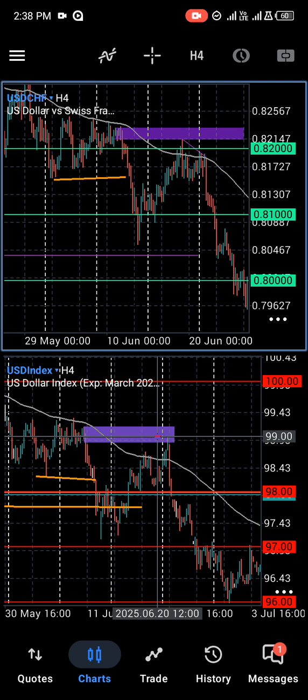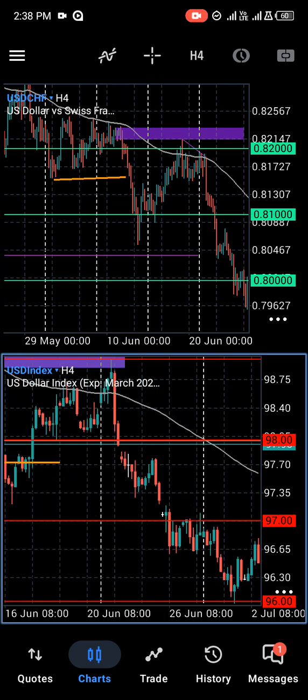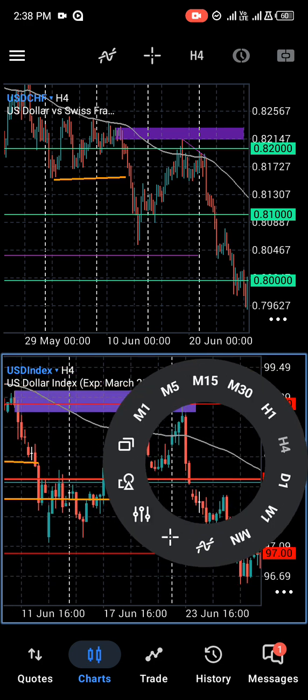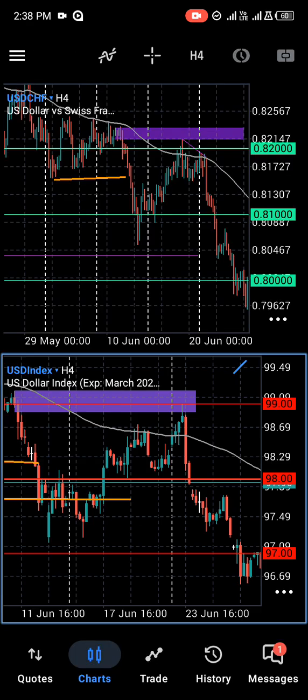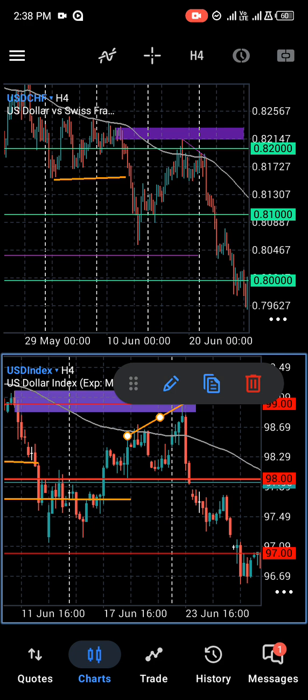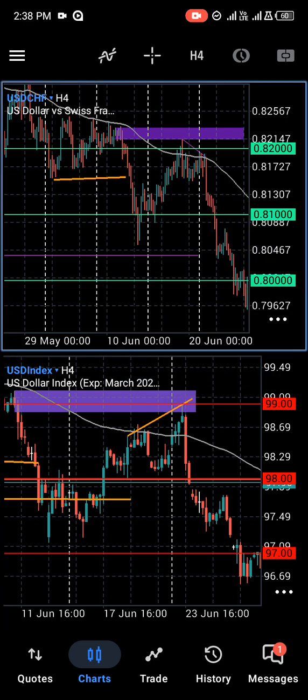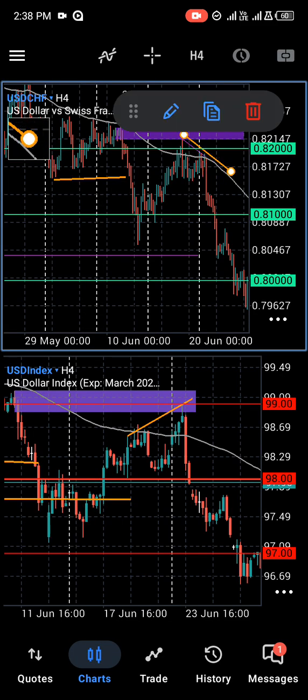So if you zoom out the price action here closely, you can see that the DXY made a higher high, whereas the USD CHF made a lower low.